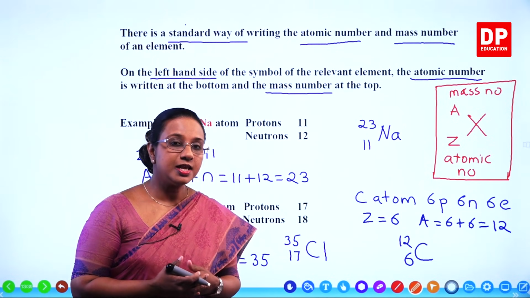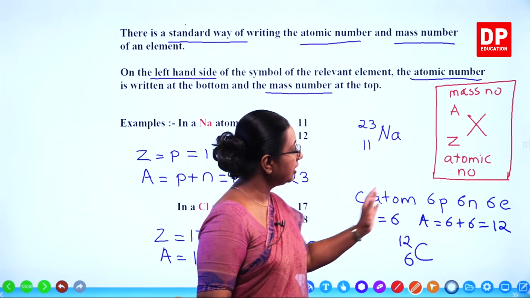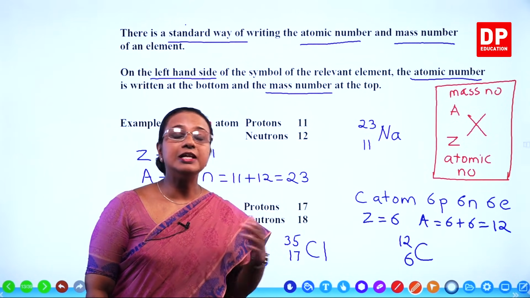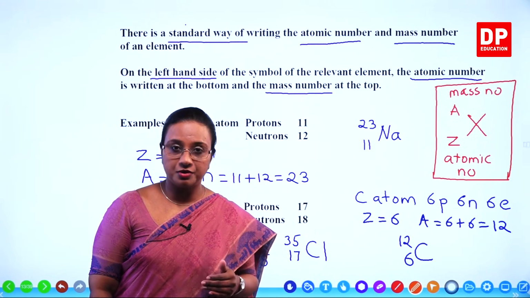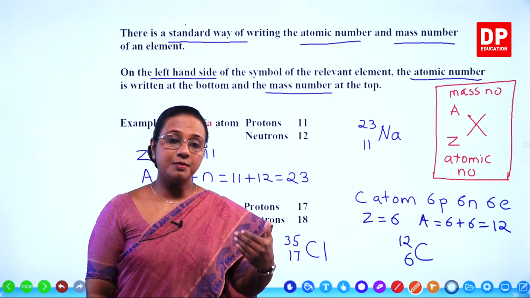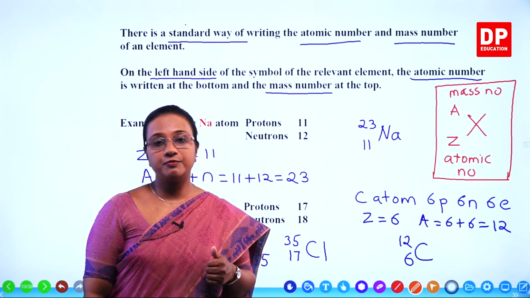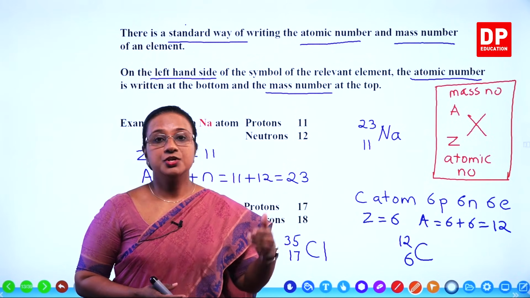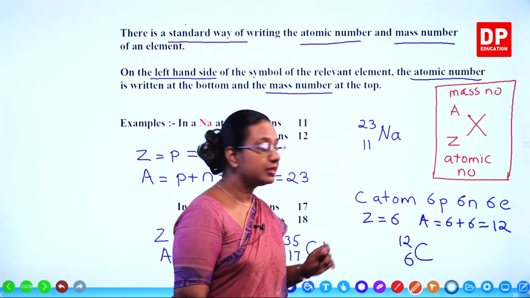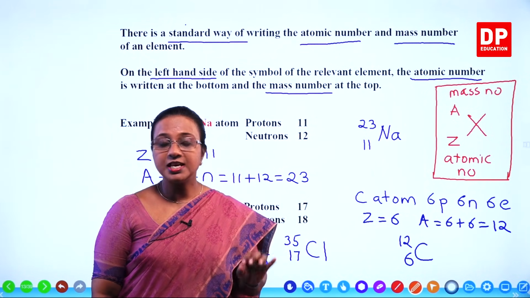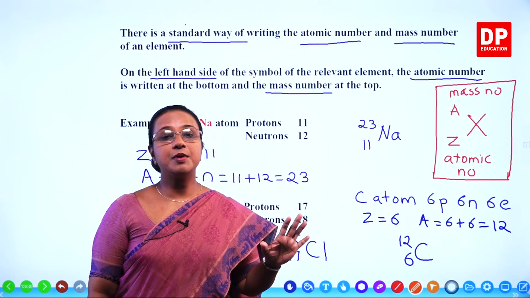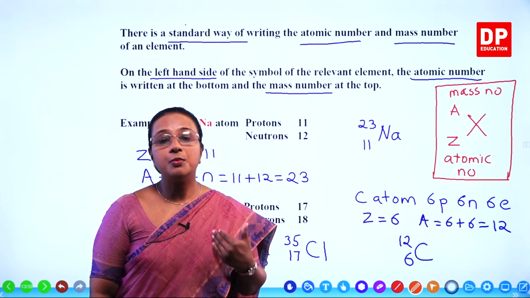And remember students, in case they do not give you the number of protons, instead they give you only the number of electrons and neutrons, then you can remember that the number of electrons is equal to the number of protons in a neutral atom. So therefore, we take the same number of electrons for the Z. Although the definition says the number of protons is the atomic number, when you are given the number of electrons, you can use that value only.